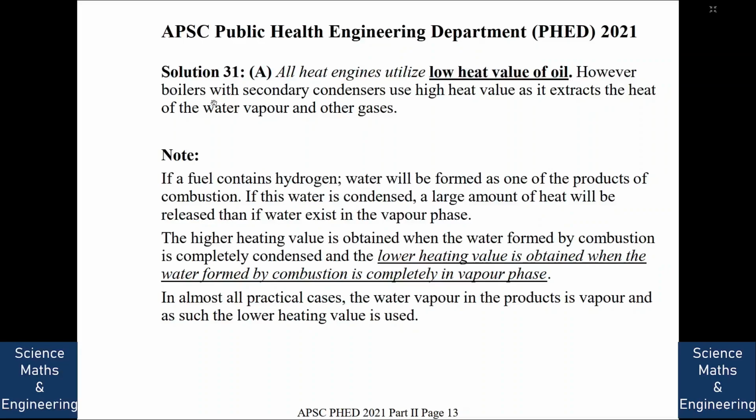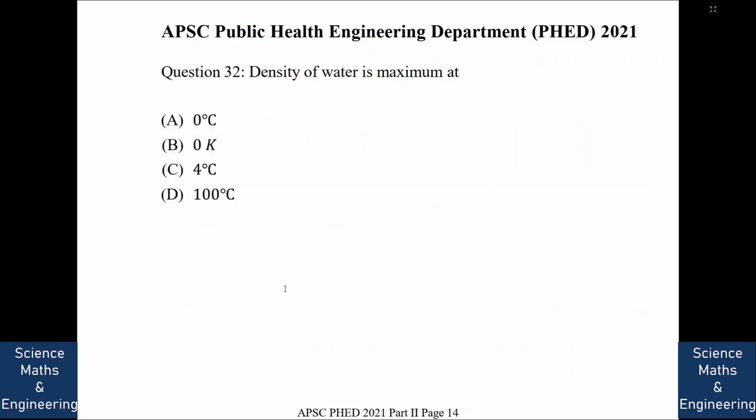However, if we have boilers where secondary condensers are used, then high heat value is expected, as the water vapor is condensed, whatever other gases are condensed, and the heat is released. So here I have also given the definition of what is a low heating value and what is a high heating value. Okay, so we will go to the next question.